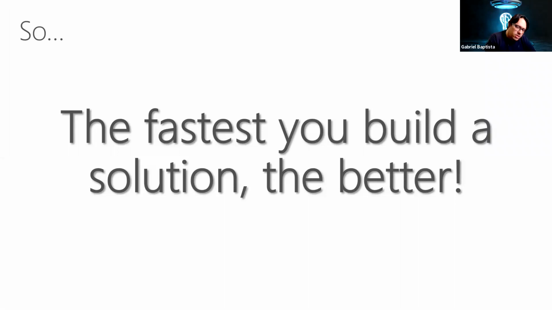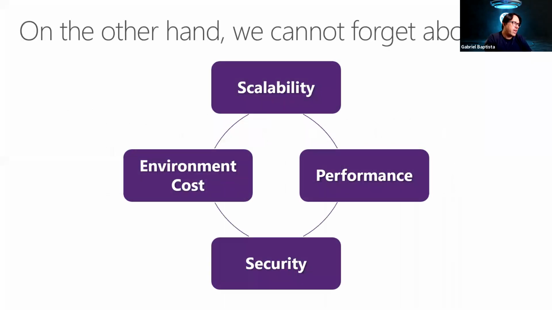So we want to deliver fast. We want to deliver code better, but we cannot forget about scalability. We cannot forget about performance. We cannot forget about security. We cannot forget about environment cost, right? So it's pretty good to have a really fast solution deployed in Azure, for example. But on the other hand, you cannot forget about cost, right?